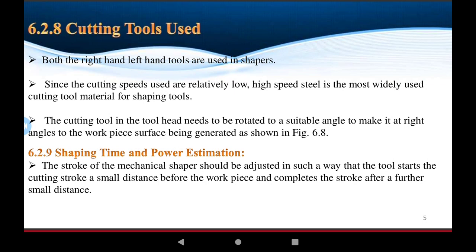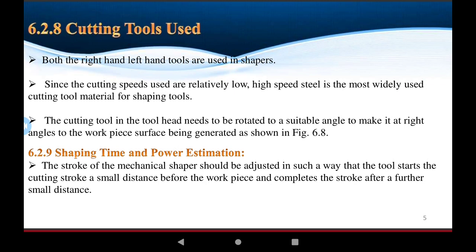The stroke of the mechanical shaper should be adjusted in such a way that the tool starts the cut a small distance before the workpiece and clamps the stroke a small distance after it.